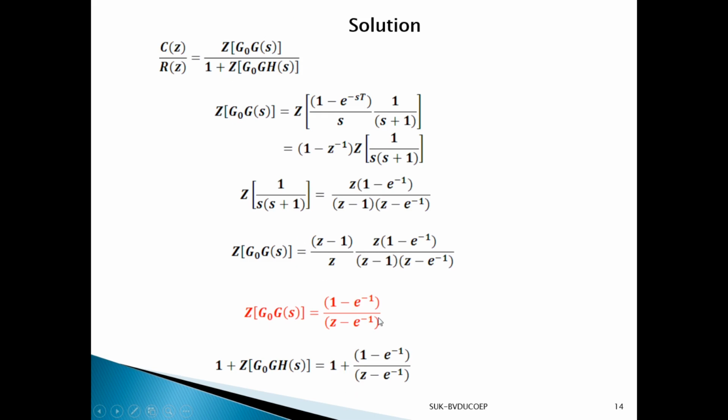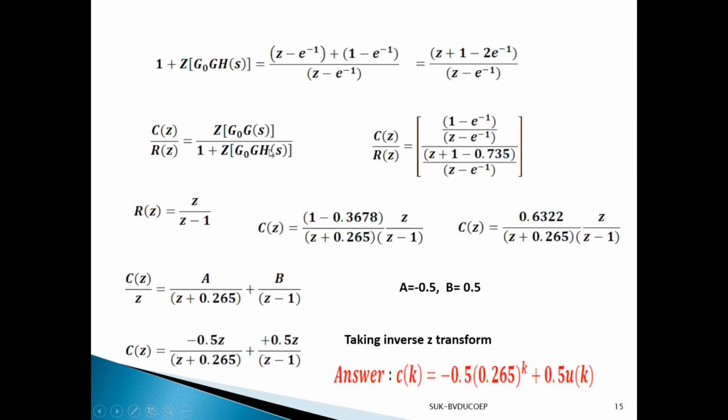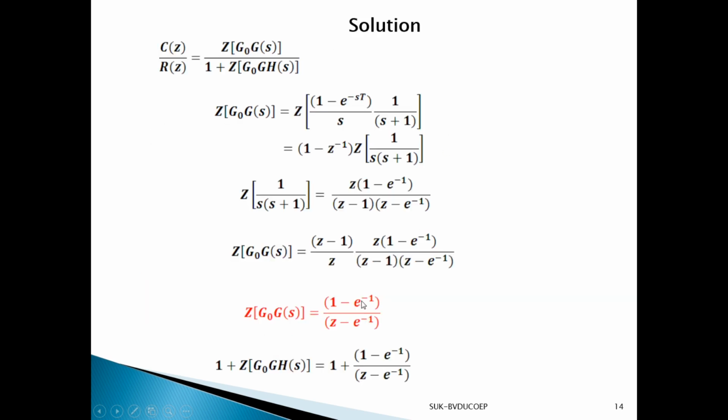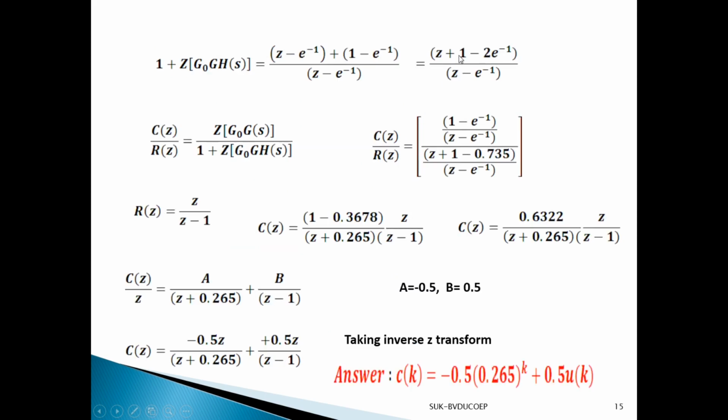So 1 plus this, I have done this, is coming out to be this. I am putting Z transform of G0 GS is this, and 1 plus Z G0 GS is equal to this.